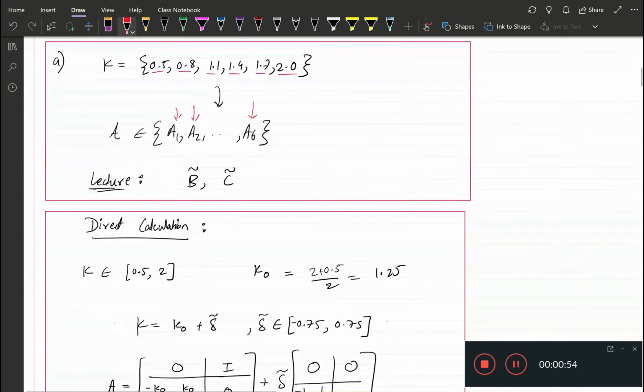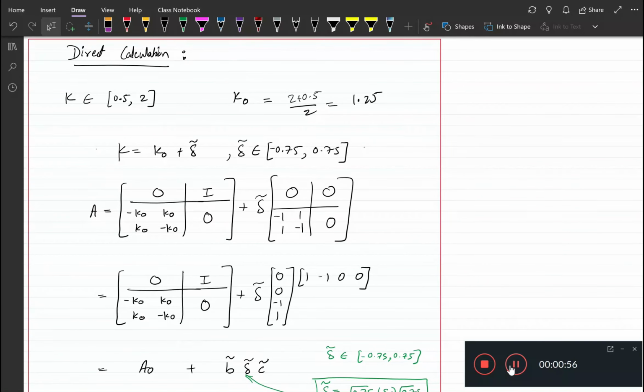So we have K varying between 0.5 and 2. We can first compute the mean or the average of 2 and 0.5, so that's the center. Let's call this the nominal stiffness, K0, and now we can write the K as K0 plus some delta which varies between minus 0.75 and plus 0.75.